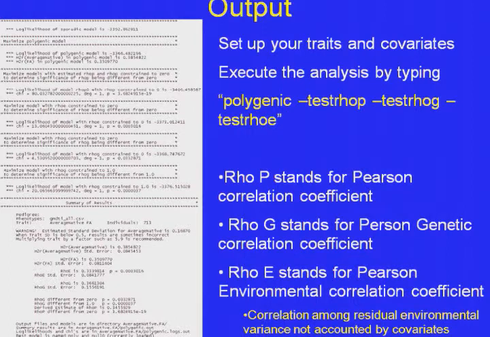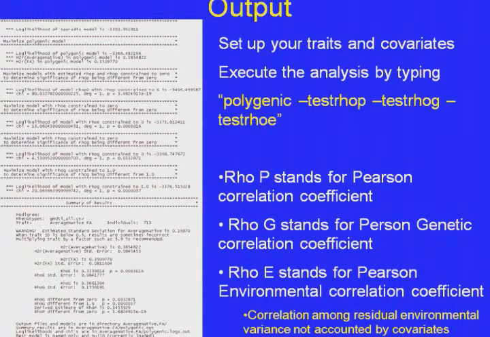Once you set up your traits and covariates and executed the analysis, you will get a pretty lengthy report on all the results of the processing, including raw P, which stands for the phenotypic correlation, or your typical Pearson correlation coefficient, which is, by the way, corrected for relationship in your pedigree, so it's sort of like a mixed model approach.